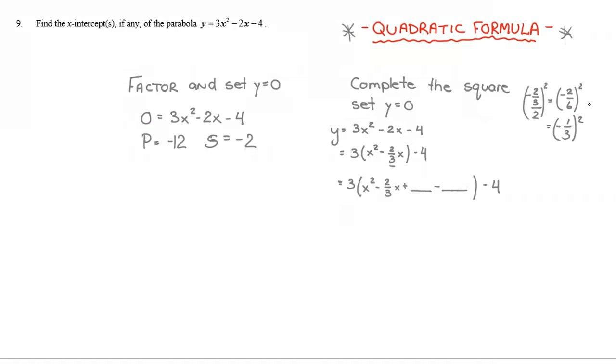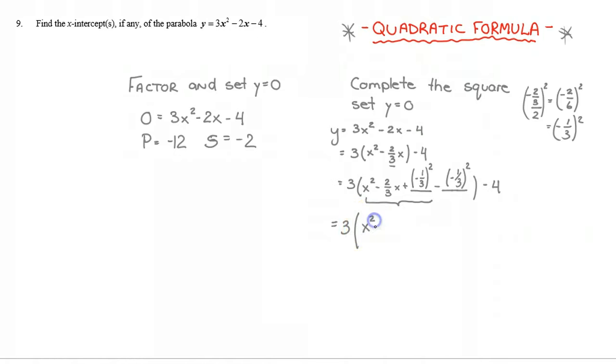Now, we could work out negative 1 over 3 squared as 1/9, but I actually encourage you to leave it like this when you substitute it. The reason is that by putting in this nice number, this is now a perfect square, so it actually factors very nicely.